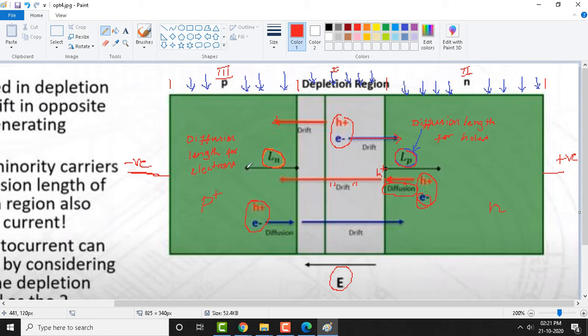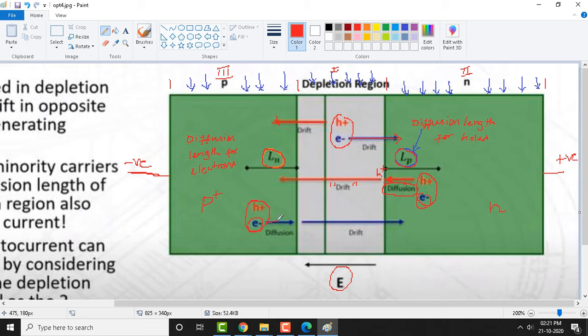Deeper in the neutral p region, even if electron hole pairs are created, the entire material remains neutral, because there is no sufficient number of electron hole pairs. Whereas within this diffusion length Ln, if electron hole pairs are created, the concentration gradient comes into play, as electrons are fewer in number on the p side.